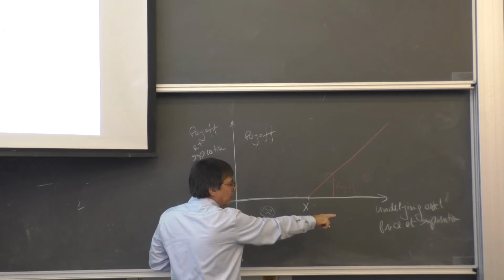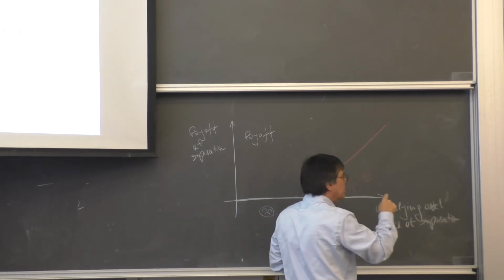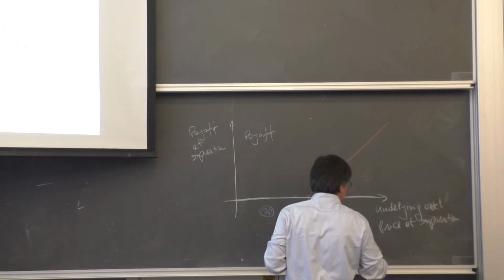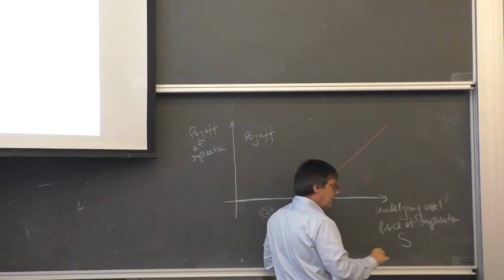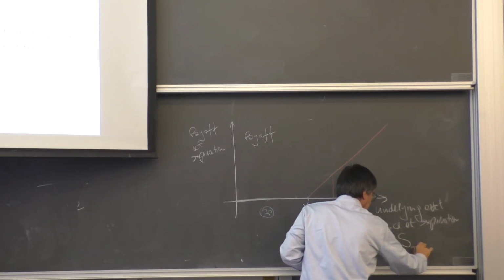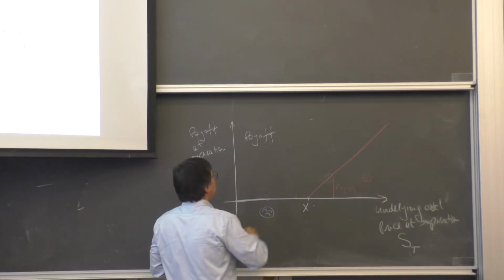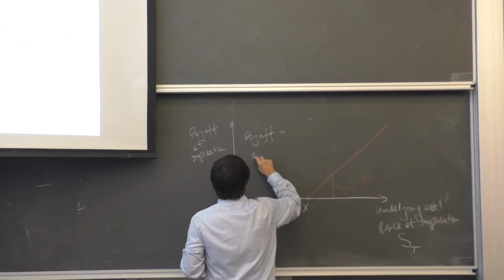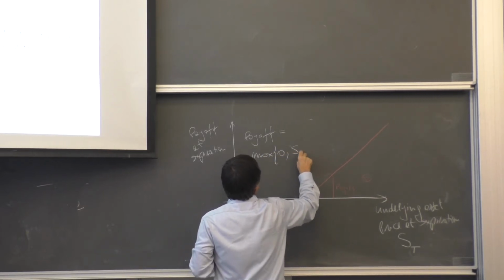Let me give a name to the underlying asset price at expiration. So expiration would be denoted capital T. We are going to use S for underlying asset prices. So I'm going to write S of T, meaning the underlying asset price at time T. So the payoff is, I claim, the maximum between 0 and S_T minus X.